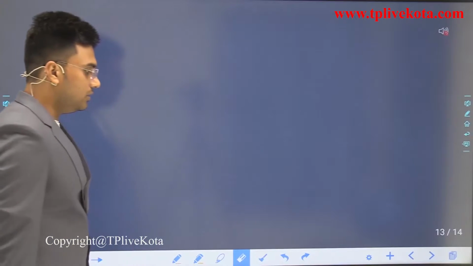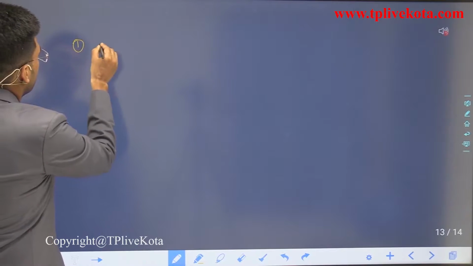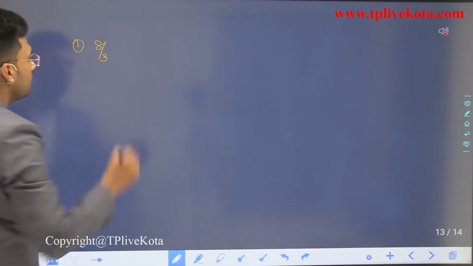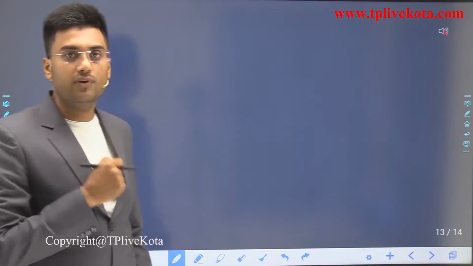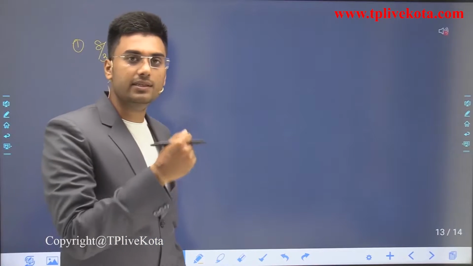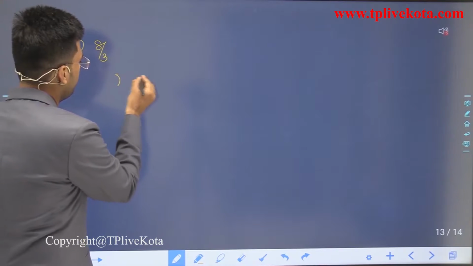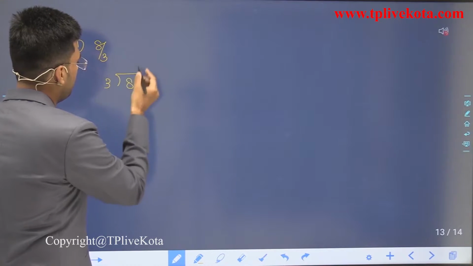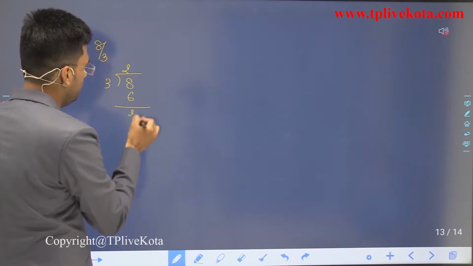Okay, so let's take one example. 8 by 3. This is a rational number in the fractional form. We have to change it into decimal form. So let's divide 8 by 3. 2 times 3 is 6, remainder 2.